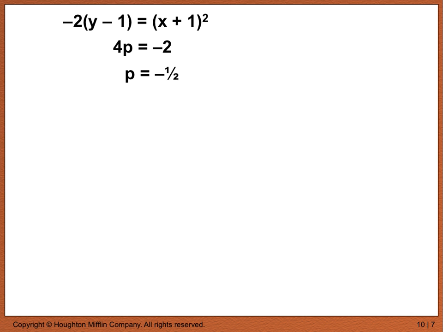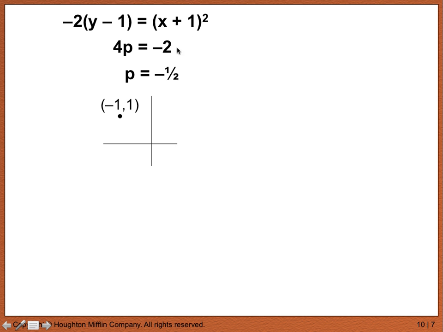Okay, now is the time to do the rough sketch, again, only to help us orient ourselves. So we do our rough sketch. We know that the vertex is at negative 1, 1, because that's what I get straight from the standard form, h, k. Okay, so if h is the x-coordinate of the vertex, then it must be negative 1 because this in the parentheses that I'm circling right now is x plus 1, which is the same as x minus negative 1, x minus h.